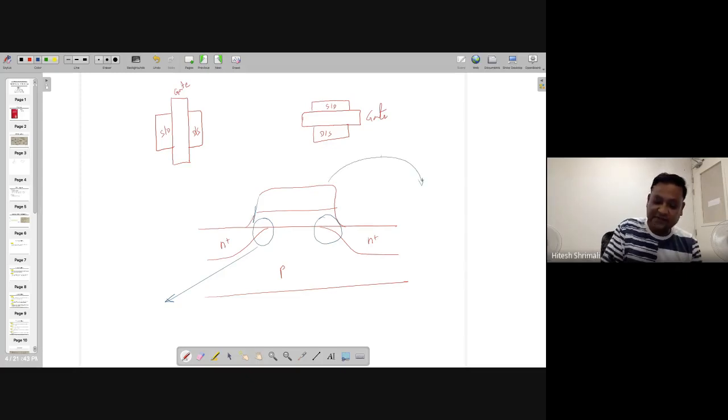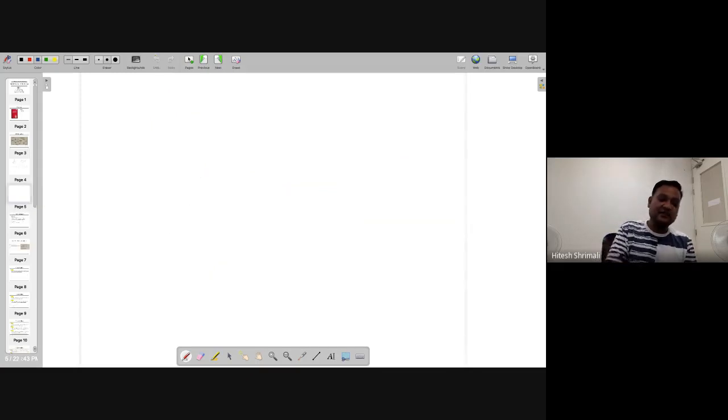whatever you are looking at on this side is not exactly equal to this side. Although you are considering that drain and source are interchangeable, and fine, they are interchangeable, looking at both sides, the parasitics are not equal. Parasitics on this side and parasitics on this side are not equal. When I say parasitics, I am referring to R, L, and C. For R, you need to see the path.